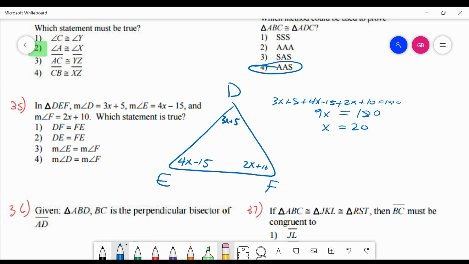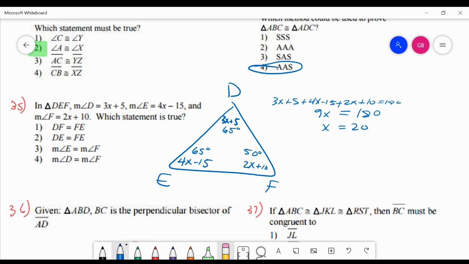So if x is 20, let's plug it in for each angle and see what we get. 3 times 20 is 60, plus 5 is 65 degrees. 4 times 20 is 80, minus 15 is 65 degrees. 2 times 20 is 40, plus 10 is 50 degrees.